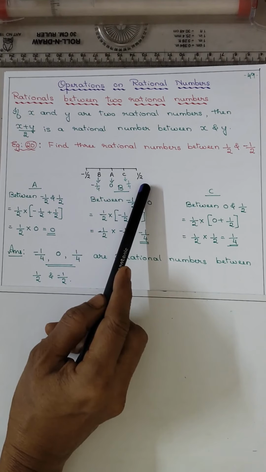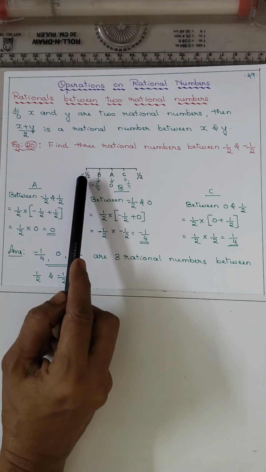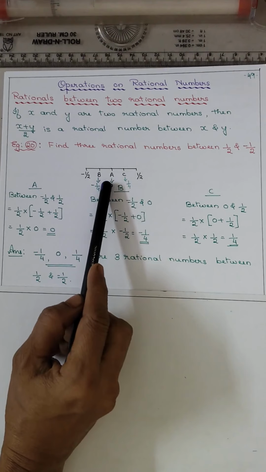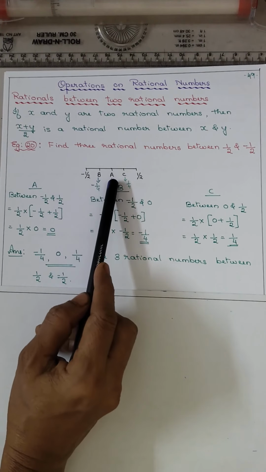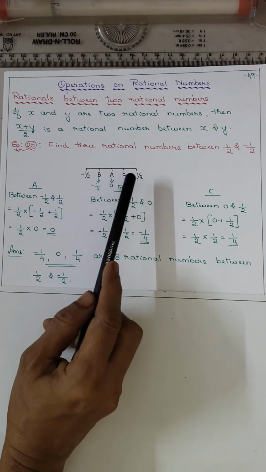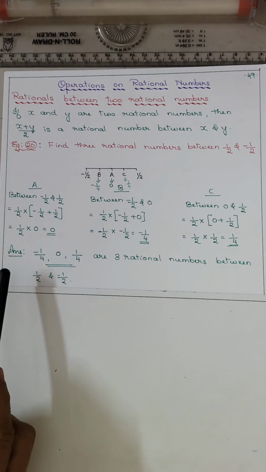So for that, first you write a means between minus 1 by 2 and 1 by 2 you get a. Now between minus 1 by 2 and a you will get b, and between a and 1 by 2 you get c. See the exact rational number between the two.